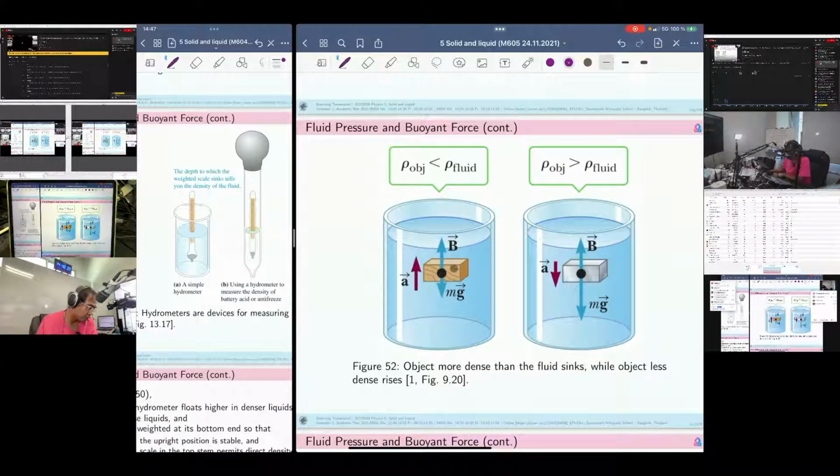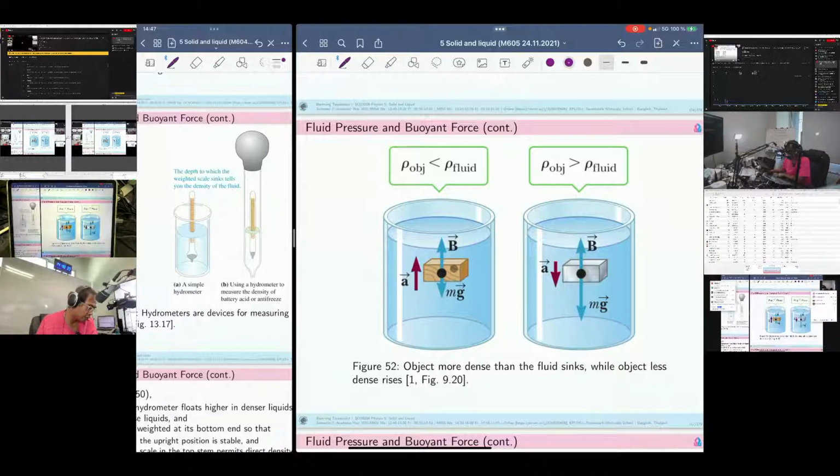But a substance that is heavier than the water, more dense than the liquid, is going to go down and stay at the bottom of this container, this glass. They say an object more dense than the fluid sinks, and an object less dense rises. The one here will sink, and this one will rise.